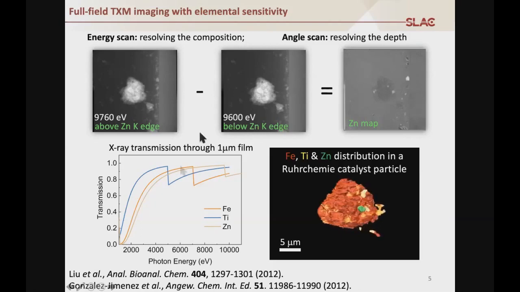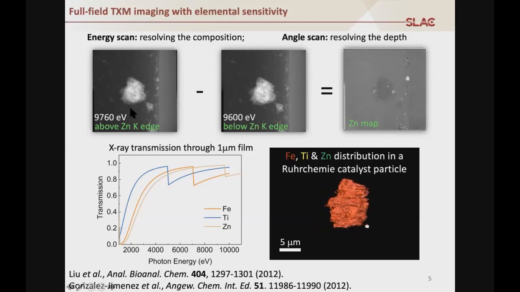If you look at the transmission or the absorption of the elements as a function of energy, you see in this plot that it's slowly changing until you hit a certain energy point where you see a big step. By making use of this big contrast, we can have elemental specification in our imaging data.